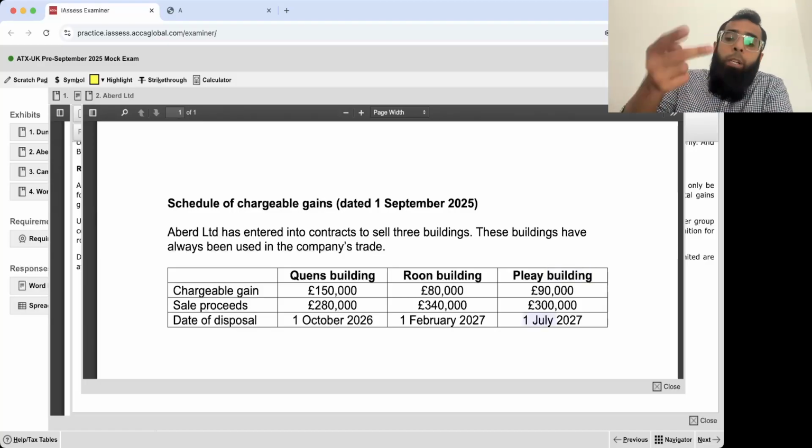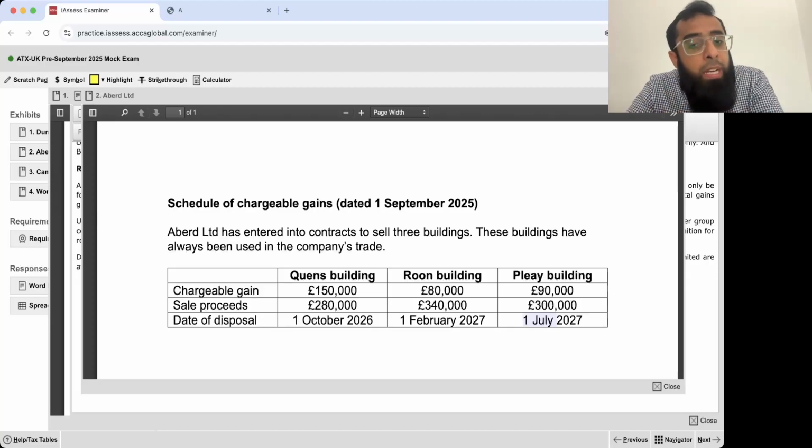So if you go back 12 months from July 27, April 26 will not lie in it, because July 27 to July 26. But for Rune Building and Queen's Building, which are disposed on February 27 and October 26, yes, April 26 lies within the 12 months period.